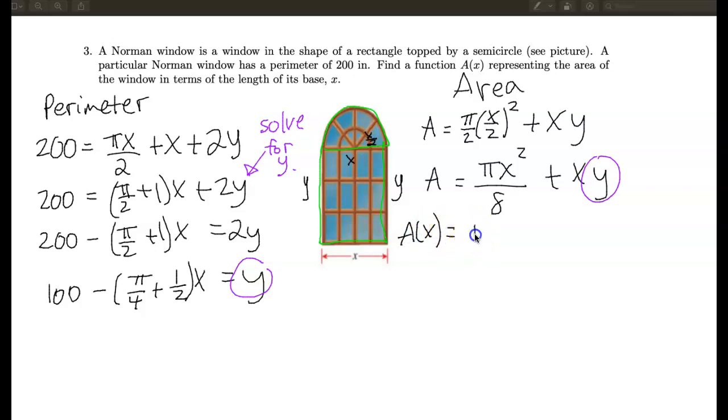So this will equal pi x squared over 8 plus x times (100 minus (pi over 4 plus 1/2) x).